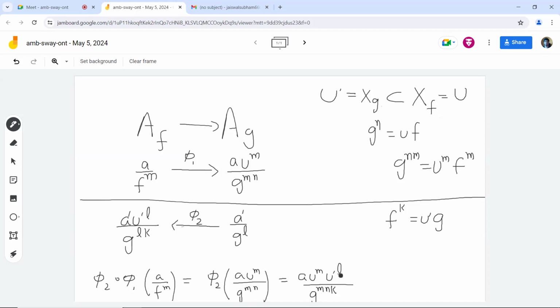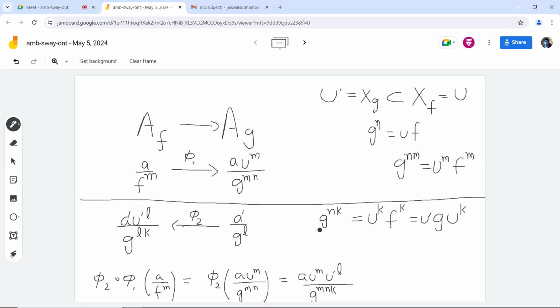Now you can compare these things. So u to the k, then this is equal to g to the nk from the above thing.